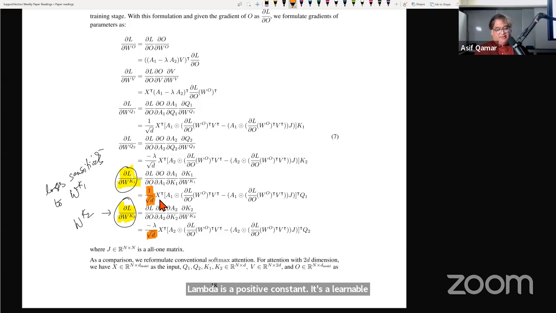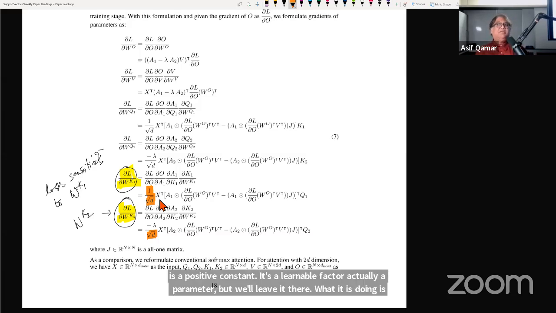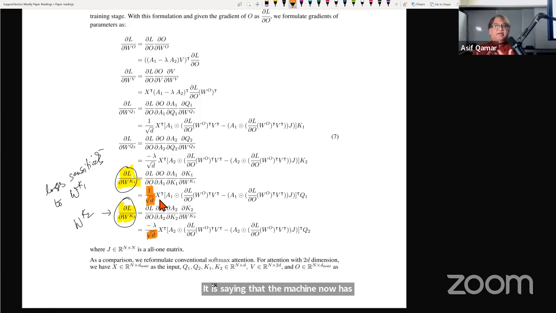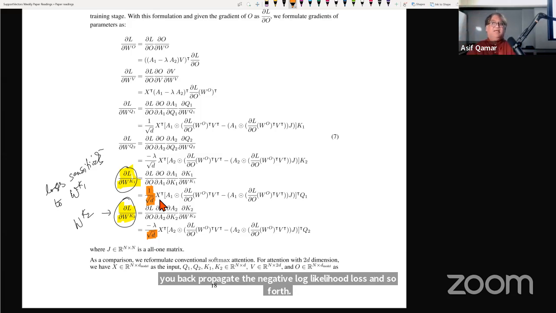What it is saying is that the way the gradients will flow will be such that for signal, for the tokens that matter, when you backpropagate the negative log likelihood loss and so forth, the machine will be forced to do this.